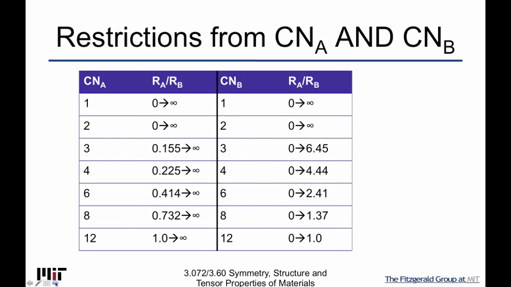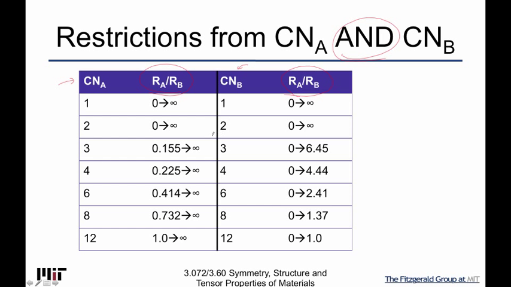So to summarize in a complete table, we have the C and A part, and the C and B part, but now they're both in terms of RA over RB. Now we can do an AND. We have restrictions from C and A and C and B, and this little table allows us to do everything.